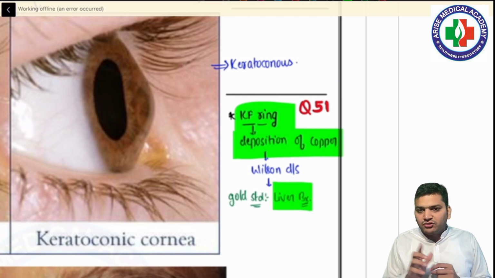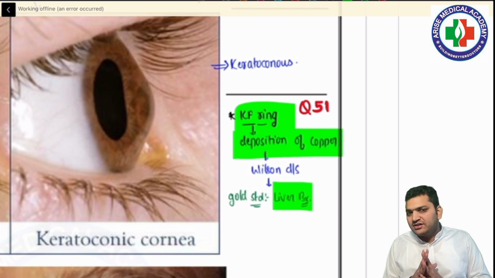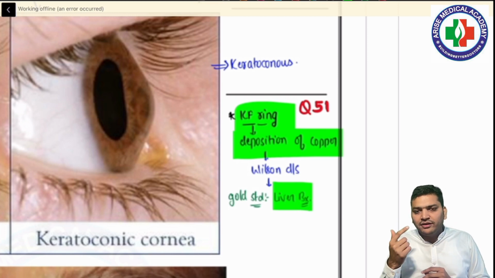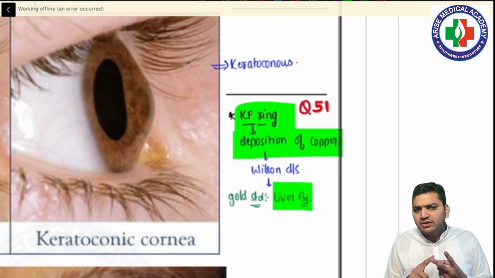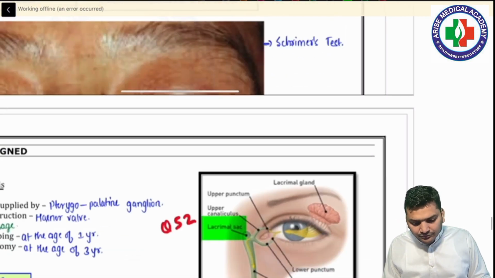For the color of the ring, I have got mixed recalls. So either it's hemochromatosis or Wilson. If they have mentioned a brown colored ring on the periphery, liver dysfunction with psychiatric symptoms, then it's more likely going towards Wilson disease.